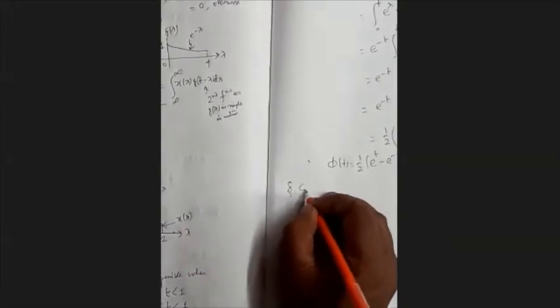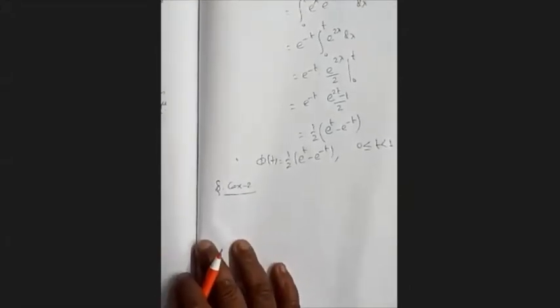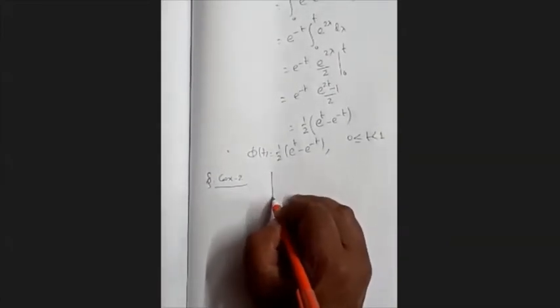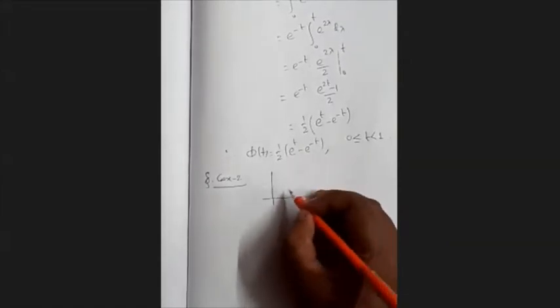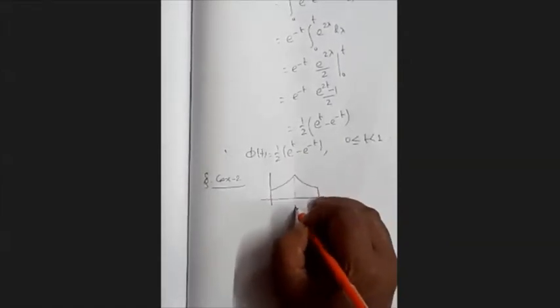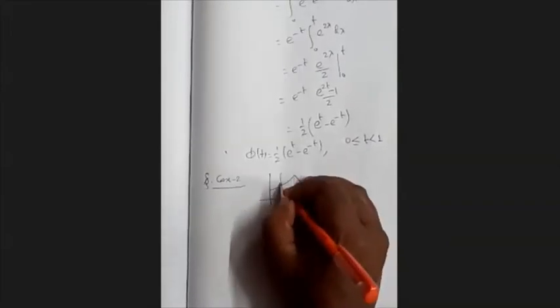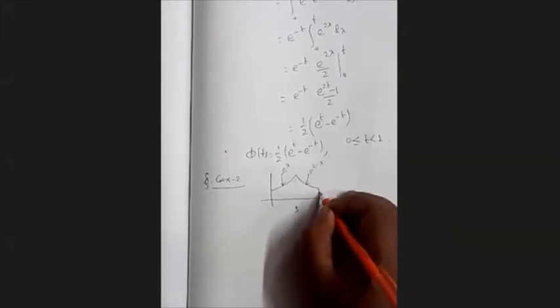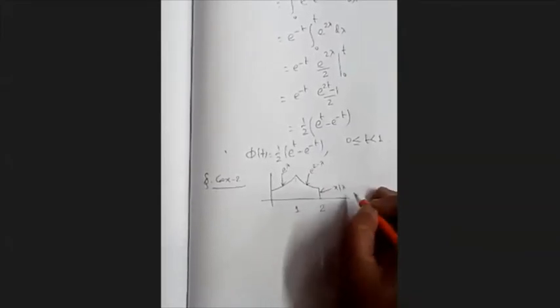Next is case 2. Again we are drawing it. So it's 1, 2; the function is e to the power lambda, e to the power 2 minus lambda, that function is x lambda.